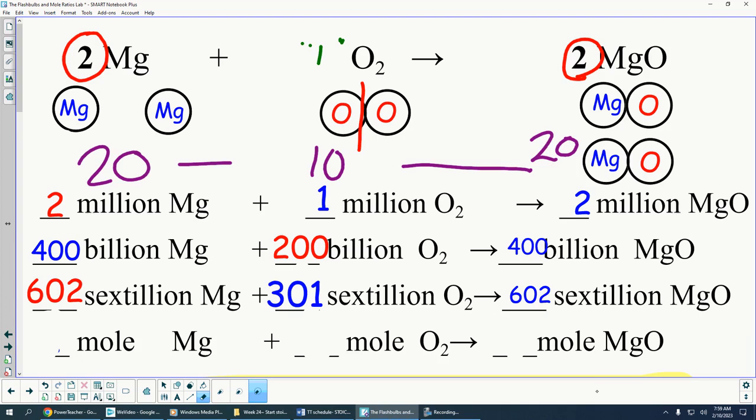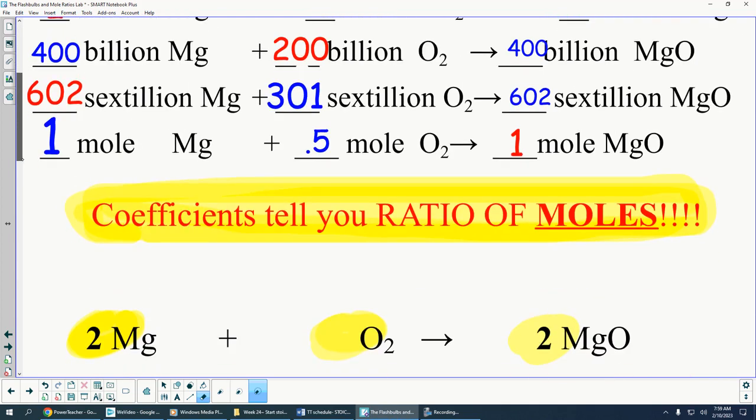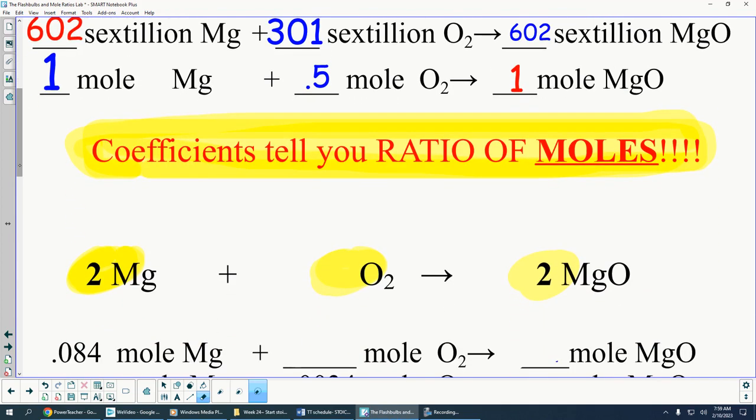If I had 1 mole of Mg, I would need half a mole of oxygen to make 1 mole of MgO. I want you to write this real big in your notebook, and then I'm going to have you doing full-blown stoichiometry in a second.